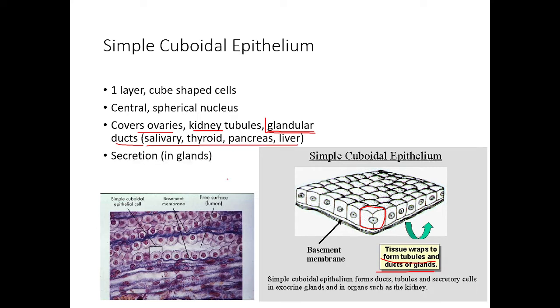These cells are able to secrete secretions such as proteins and lipids, so we can call them hormones. In kidneys they can absorb the ions which are released.